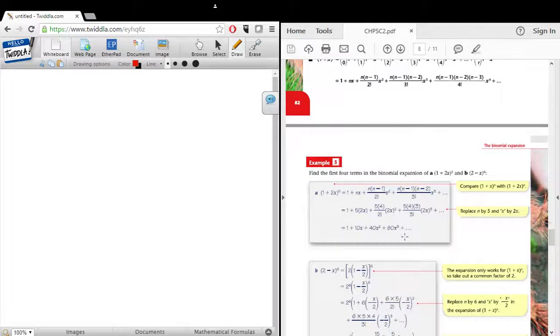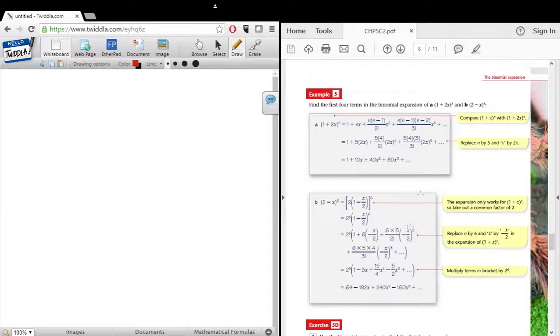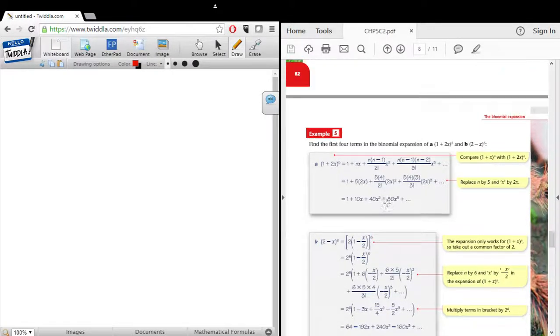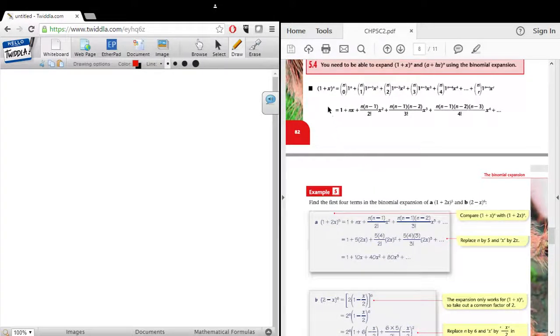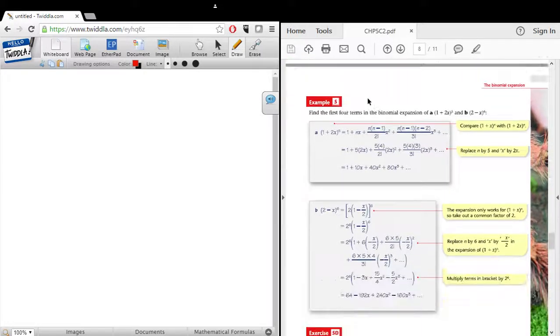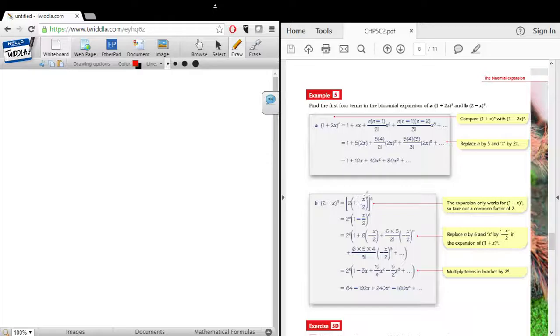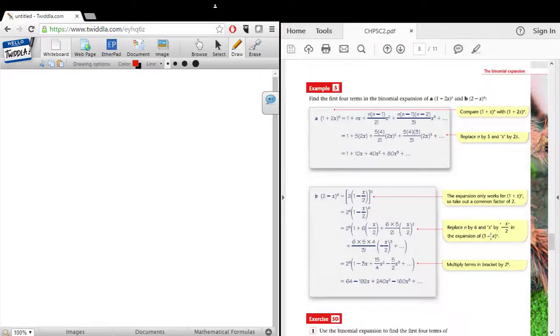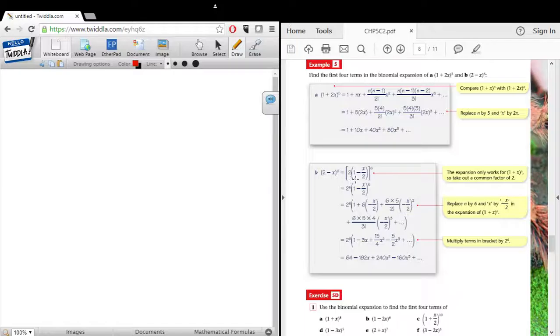And they've got the following here. So again, this is just expanding, so the expansion only works as follows. So take out a common factor, so they've taken out the 2 because you have to have it in the form of 1 plus x. Here the x is equal to x over 2, but you have to have that 1 here.